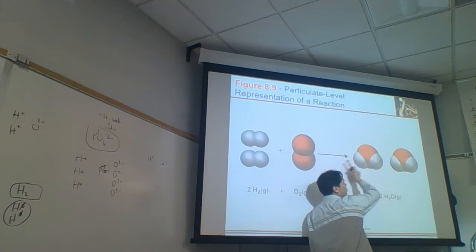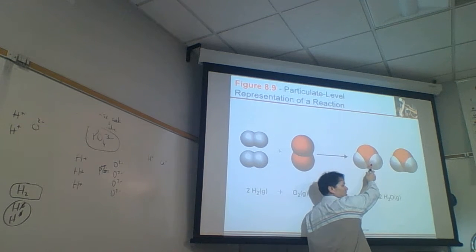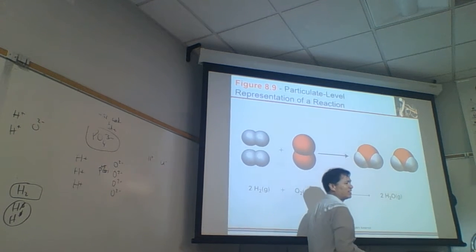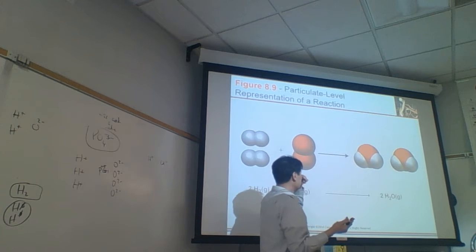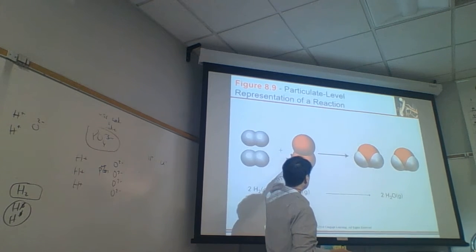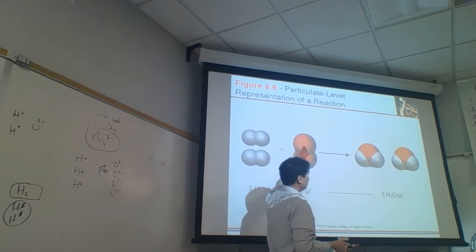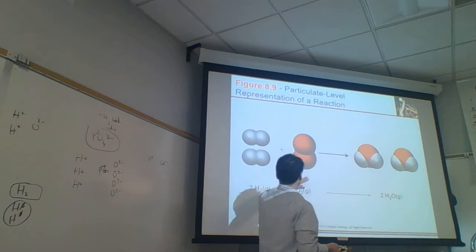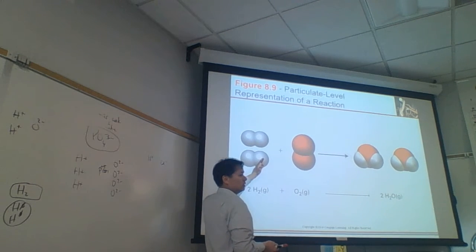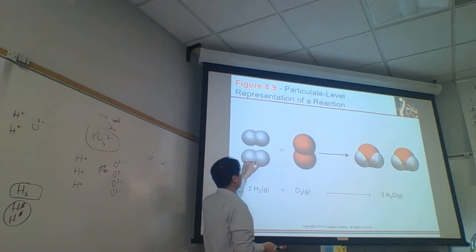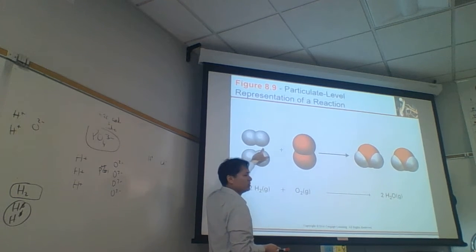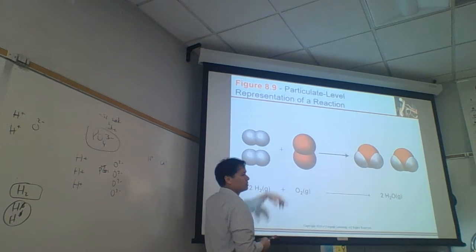We went from 0 to -2. And so what just happened? It gained 2 electrons. If this oxygen gains 2 electrons and this oxygen gains 2 electrons, we gain a total of 4 electrons. Therefore, we must lose a total of 4 electrons here. So we need 4 of these H's because each one loses 1 electron. So this is how it's balanced.